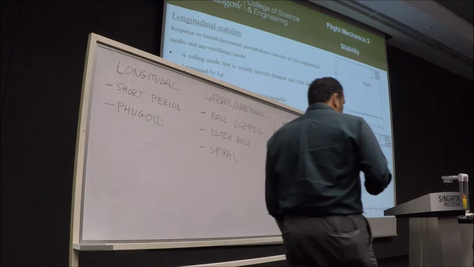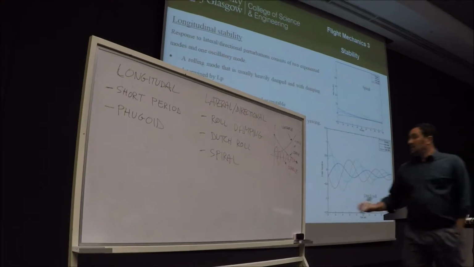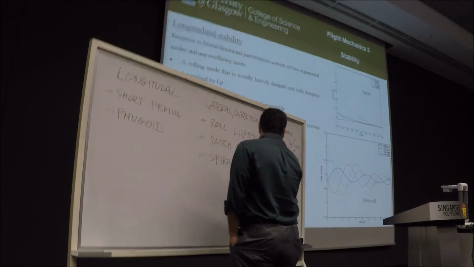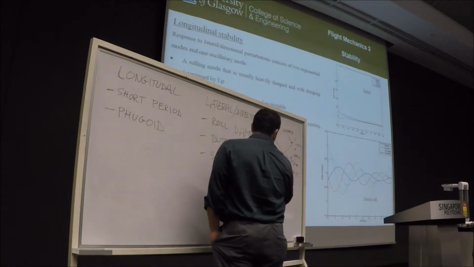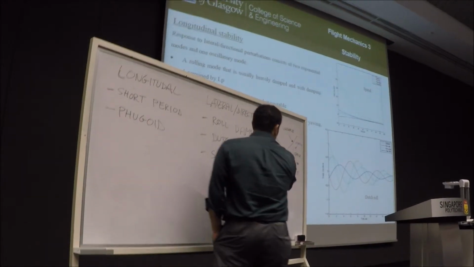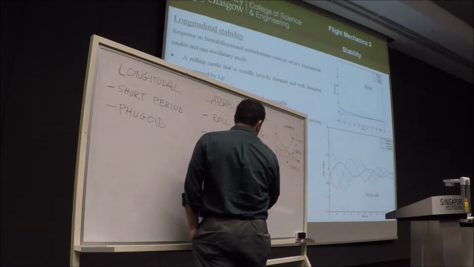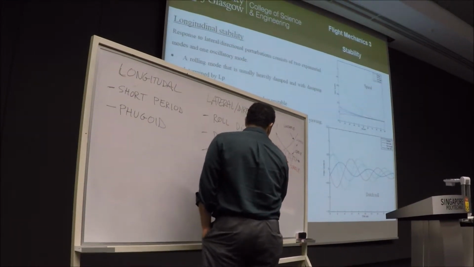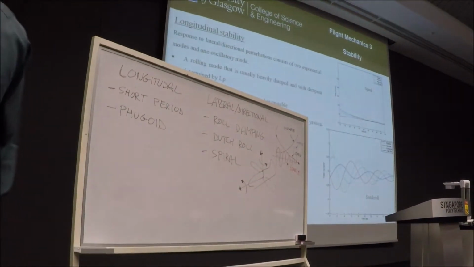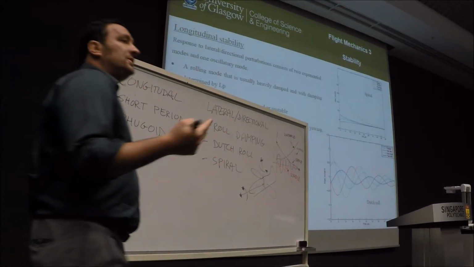So there is a combination of perturbation around the z-axis, so the aircraft moves in this direction, and around the x-axis, so the aircraft moves in this direction as well. So there is the superimposition of two perturbations in the case of the Dutch roll.